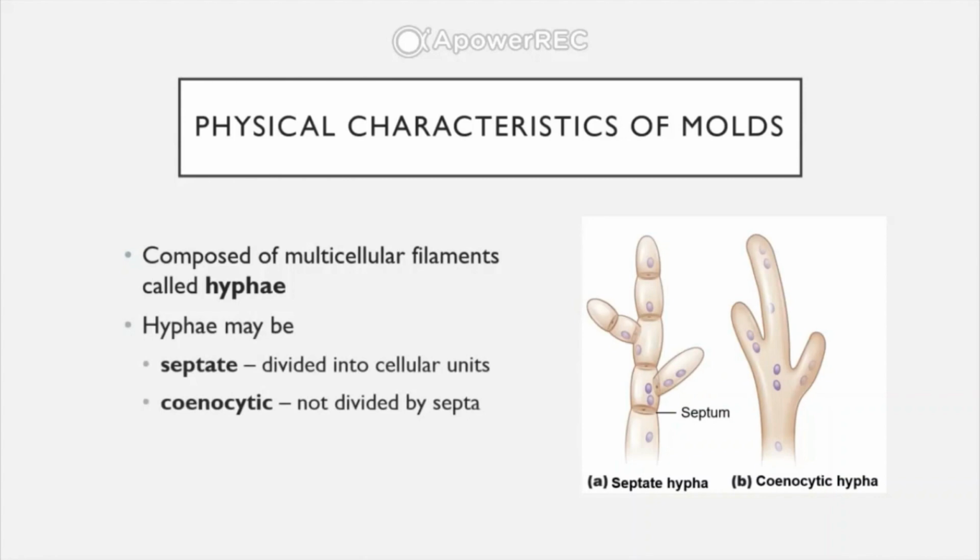These hyphae may be septate, which means that they are divided into individual cellular units, as can be seen here. And then they can also be what's called coenocytic, where they are not divided by septa, and it looks more like this.